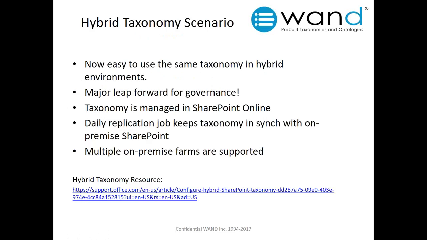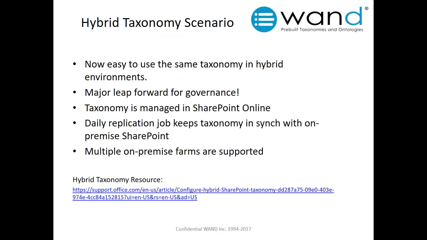The hybrid taxonomy scenario is basically designed to make it easy to have the same taxonomy across hybrid environments. Hybrid means that you're using a combination of SharePoint Online and SharePoint on-premise. So you might want to keep your data on SharePoint on-premise, but use some of the new features or libraries in SharePoint Online.